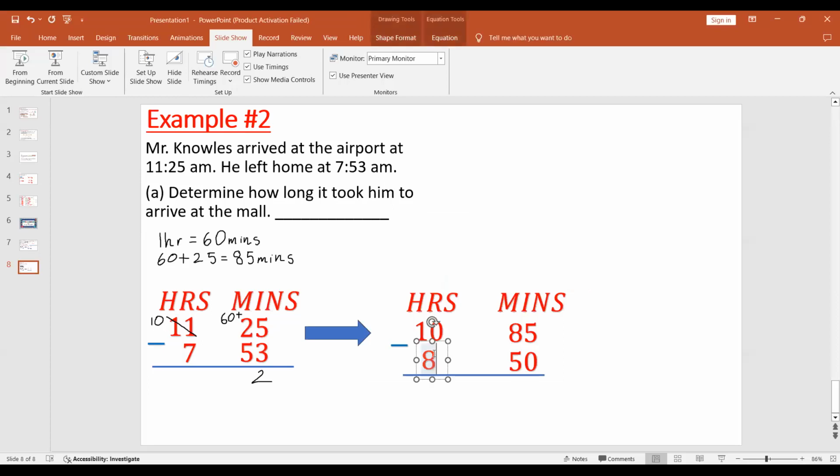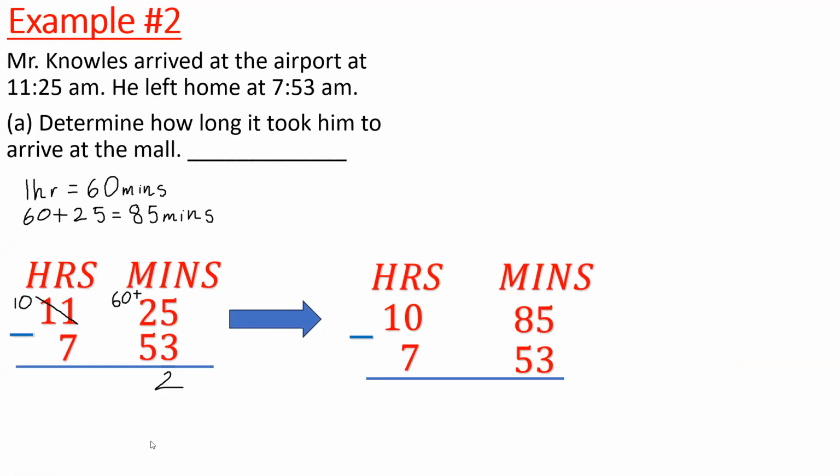At the bottom, what do we have? 7:53. Okay, so what that means is we're going to subtract now. 5 minus 3, which is what? 2.